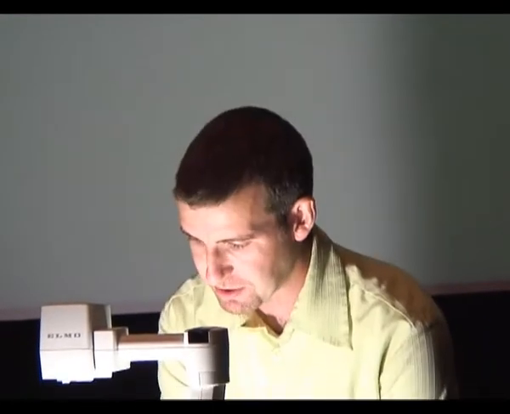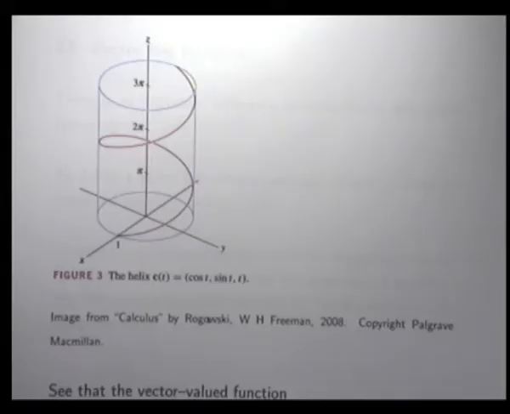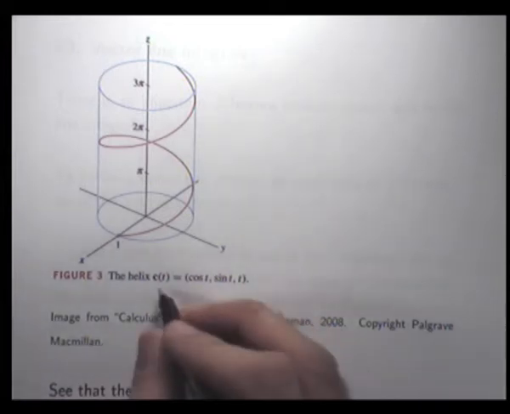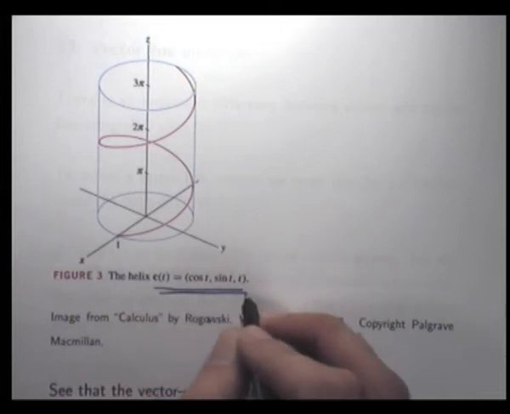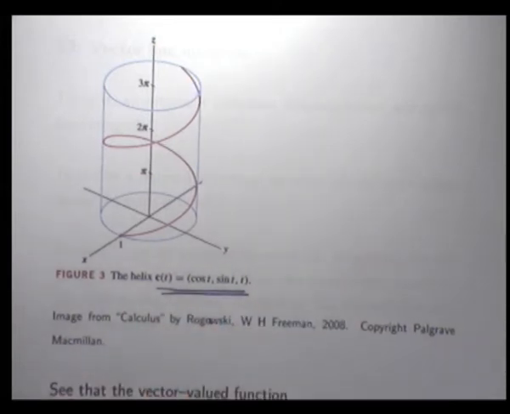So to give you an example, here's our old friend, the helix. And it's in small font here, but this particular vector function c parameterizes the helix.